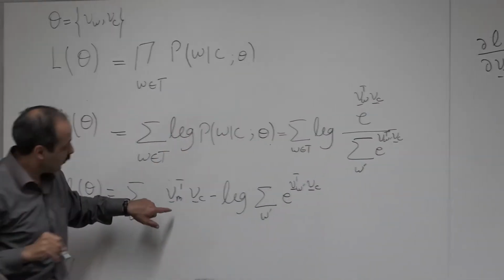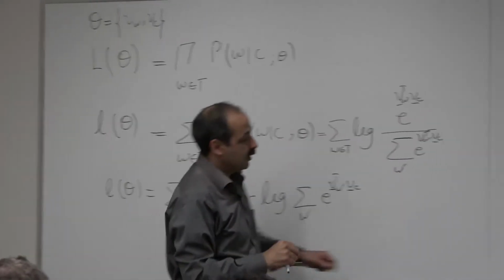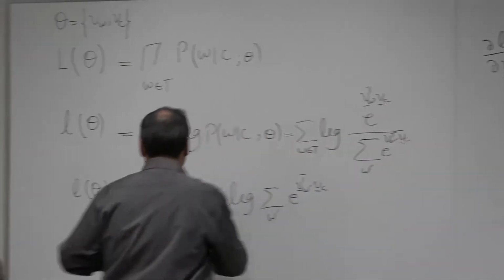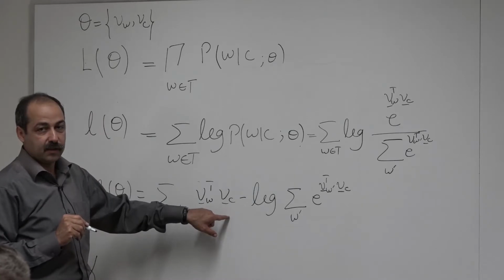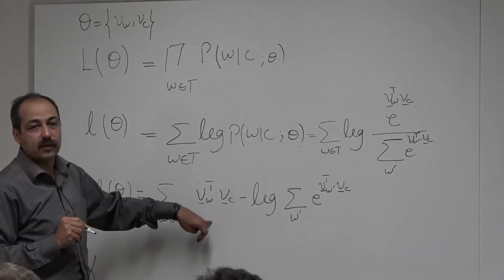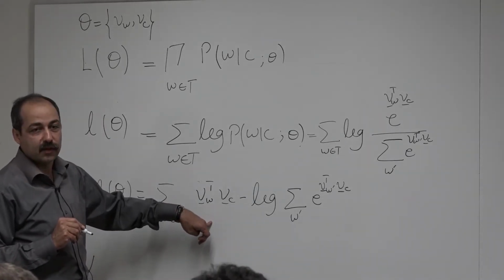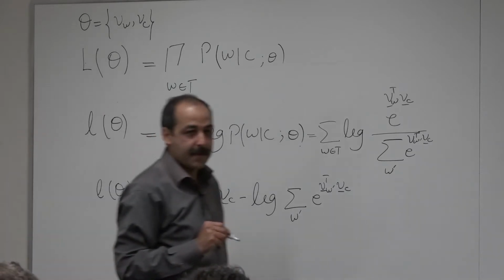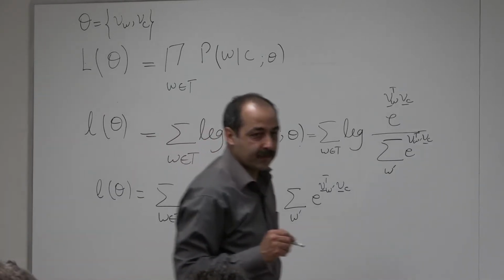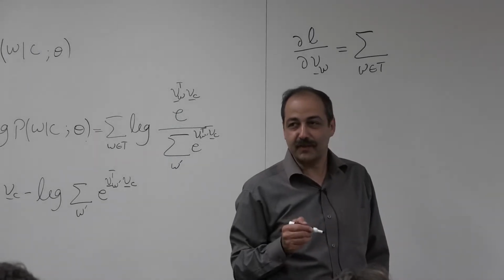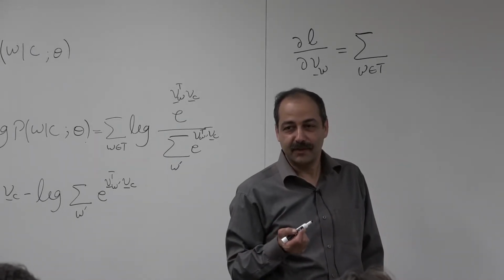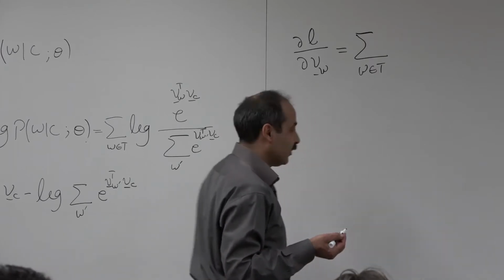So the derivative of Vw transpose Vc with respect to Vw is what? It's just Vc, right?